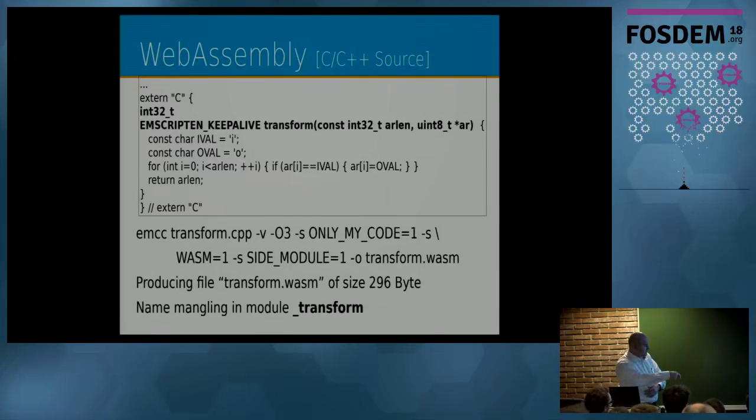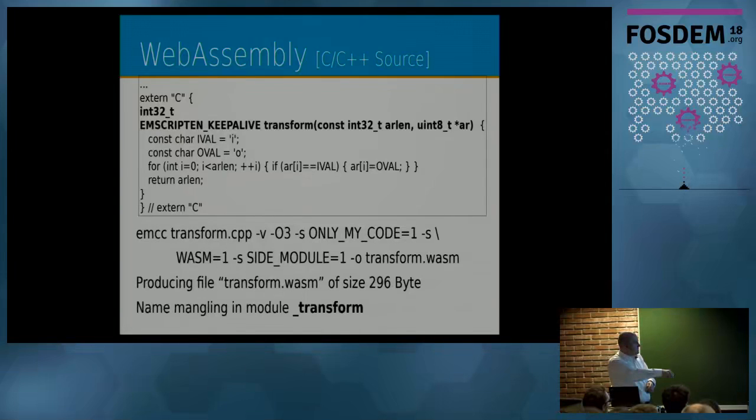The drawback is that the compiler is doing name mangling, and the name within the module would be underscore transform. But that's just so, and I didn't manage to get the underscore away. So if anybody has got a clue, let me know.